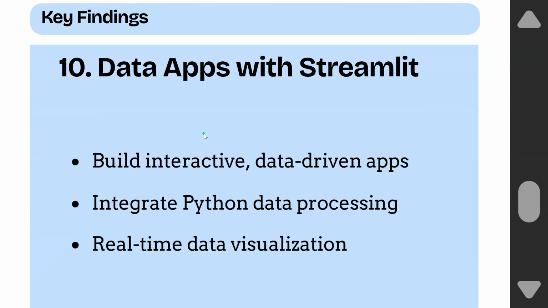And coming to data apps, in the current market we are going to see a really huge number of AI tools, right? We have machine learning concepts, deep learning concepts, generative AI concepts, agentic AI. So for this part, the Python community has created a framework known as Streamlit. With the help of Streamlit, you can create interfaces in Python itself.